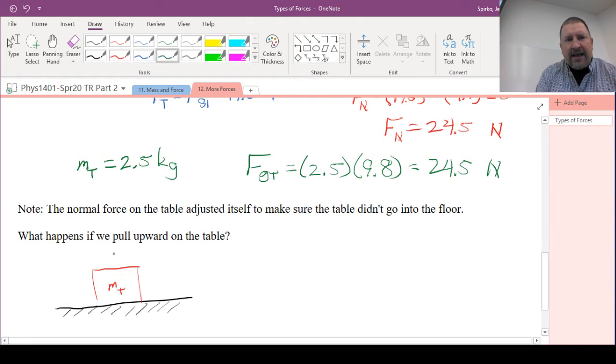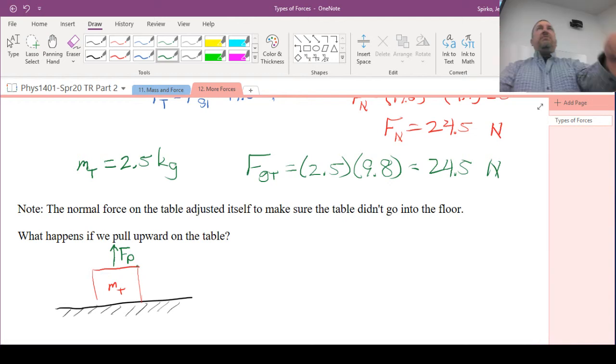And I'm going to apply an external tension force I'm going to call force of pulling. So just imagine doing this. There's something in front of you. You start pulling upward on it. If you pull hard enough, you're actually going to pick it up off the ground. That's what we want to see in our equations here.